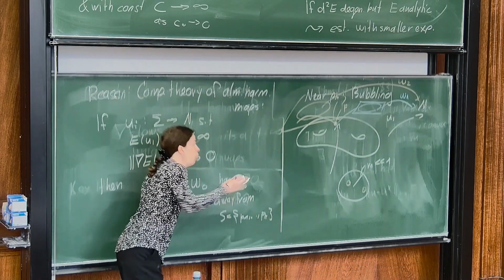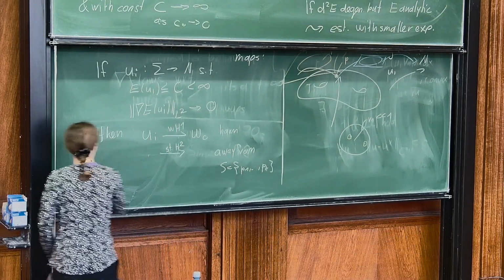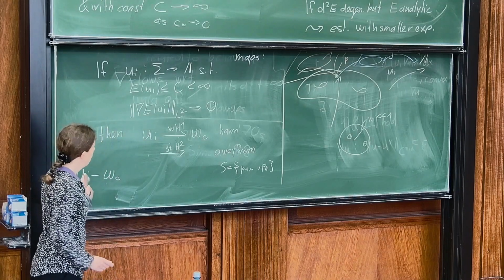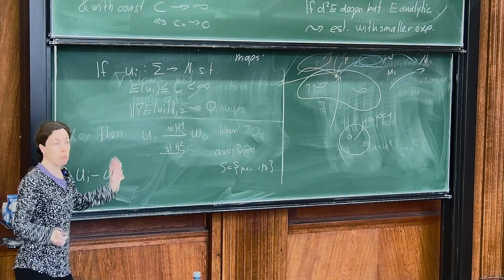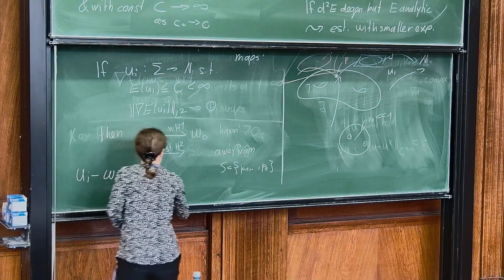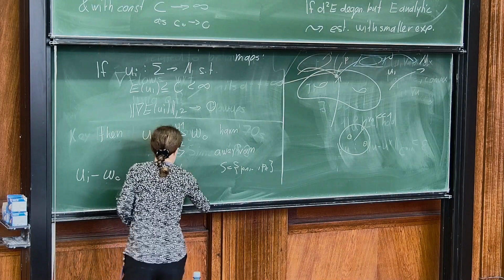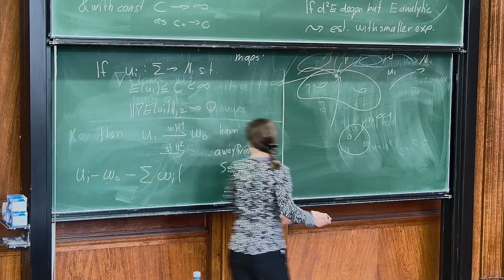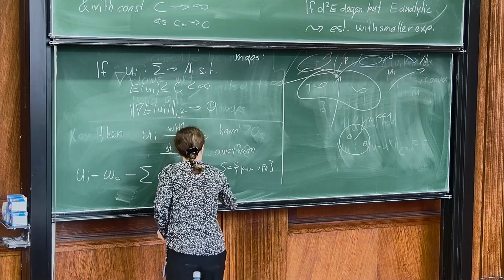And so if you account for all of these bubbles, you can write ui minus the base map minus the sum of bubbles as something that goes to 0. So if you sum up the bubbles omega i, they will come really concentrated around some points, let me call them xi.